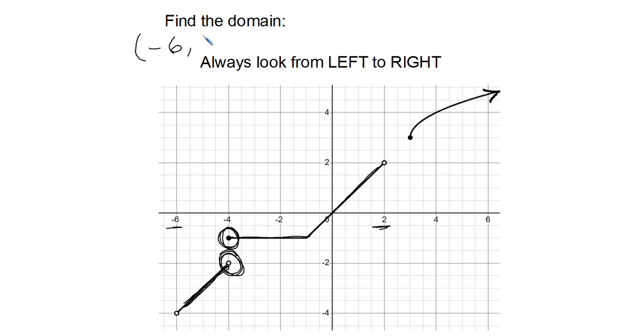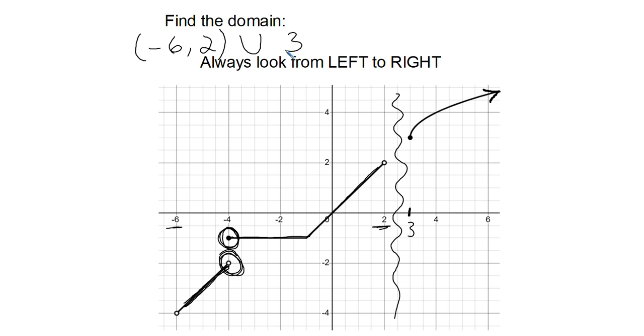At x equals 2, we have an open circle, which means a parenthesis, and there's no other point at x equals 2. So we have to indicate that there's a break in our domain using the U, and then we don't pick back up again until after this little gap at x equals 3.